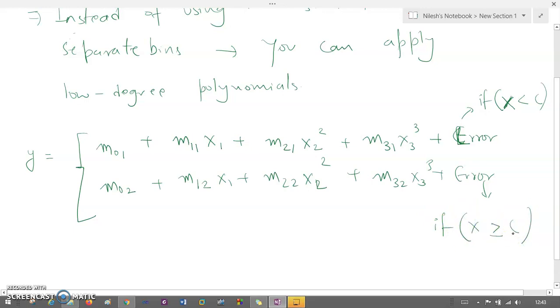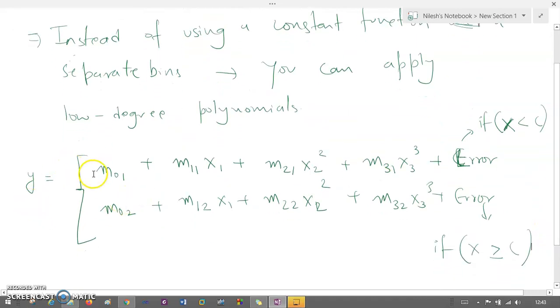So this will give you which piecewise polynomial you will apply according to the condition. Okay, so this is what I can provide instead of a constant function. Instead of a constant function, you take a low degree polynomial, because we are not using higher dimensions, we are using only 3 dimensions, so you can use that.